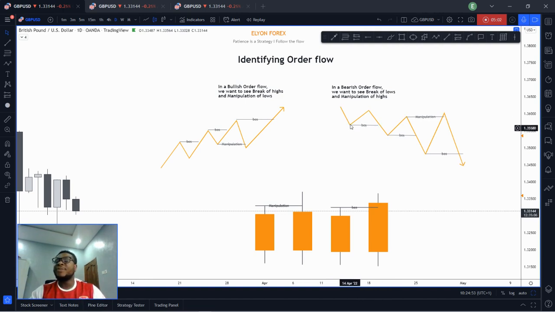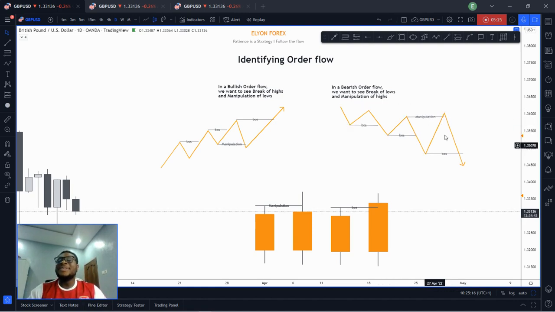That is, it broke the previous low, and after breaking the previous low, it created a low and another high, and the new high now broke the previous low as a break of structure. And we can see here that this new high manipulated the previous high as a manipulation.